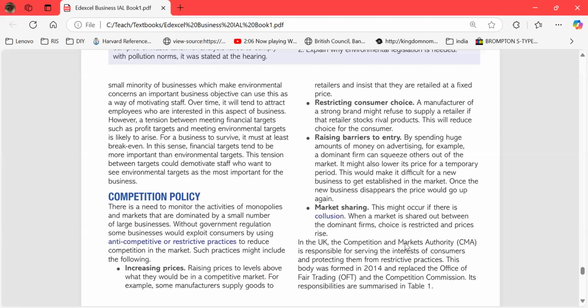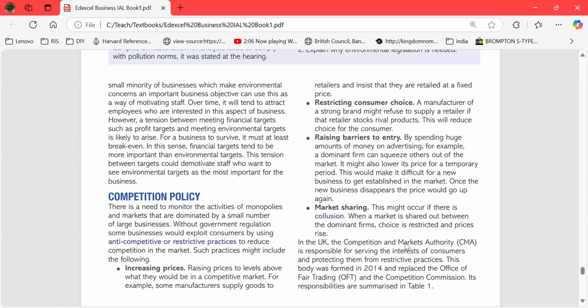I'm not going through all of them. There are also other kinds of barriers, like a heavy amount of spending on advertisement. This may also discourage new entrants. Then market sharing, like collusion in an oligopolistic market, takes place. Suppose there are many firms in the market competing, but a few dominant firms are dominating.